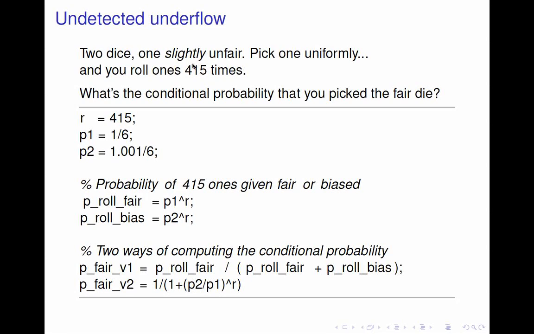Now, we got a little bit unlucky in this case. If I had chosen 420, the first calculation would have returned a NaN. You would then know at least that something has gone wrong. But it's a little bit disturbing that you can lose a lot of precision with an apparently fine calculation, not necessarily realize that something has gone wrong. So underflows are another thing to watch out for.